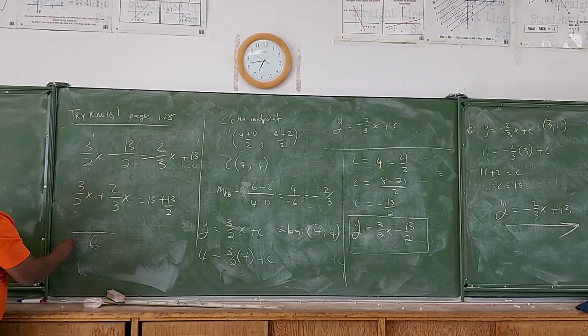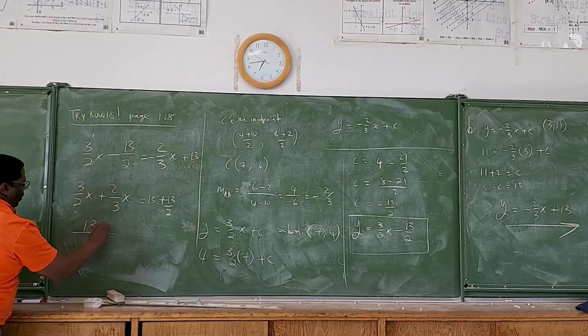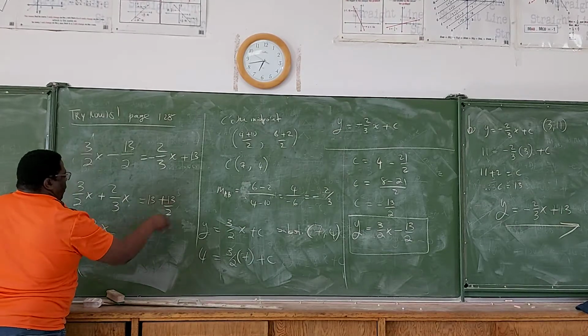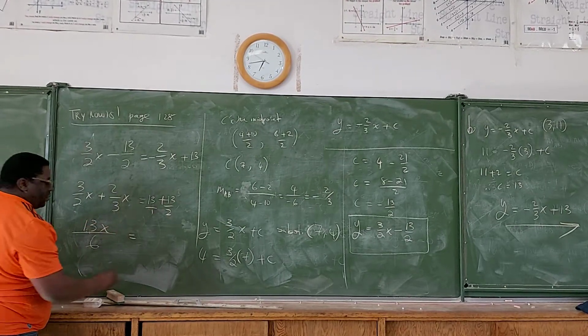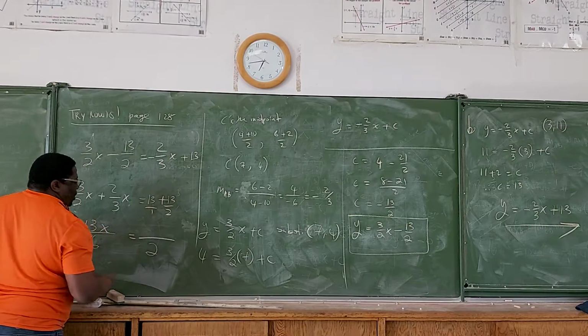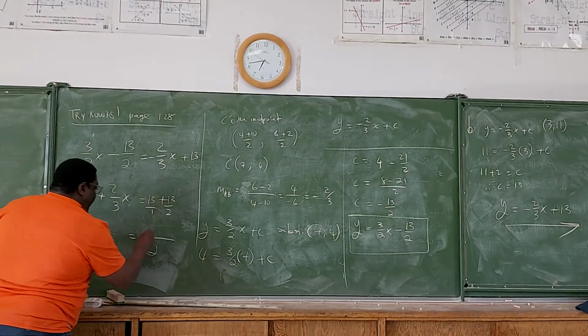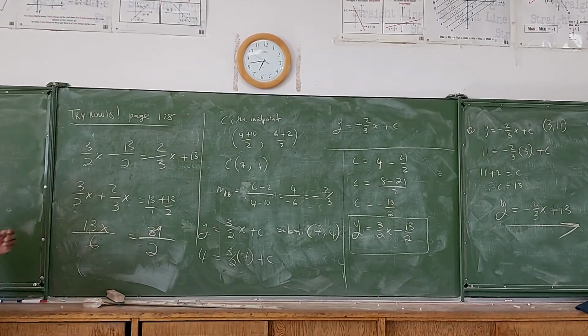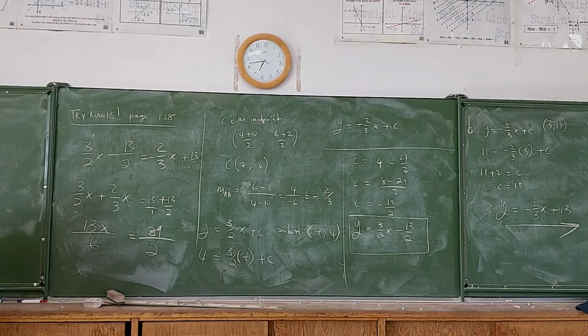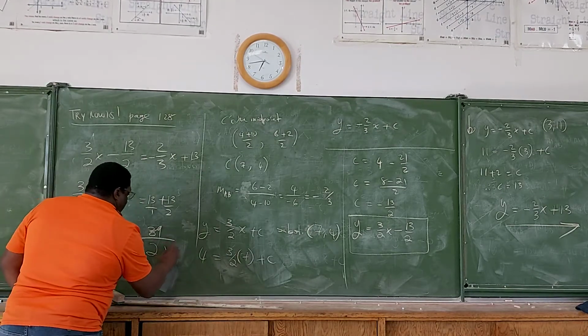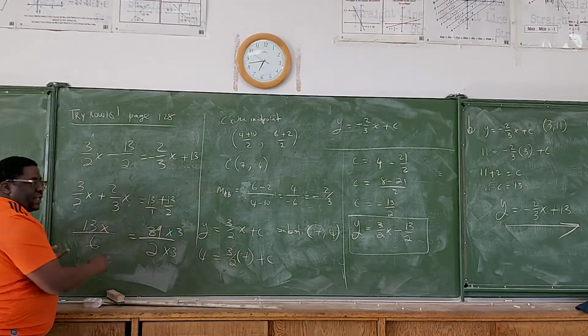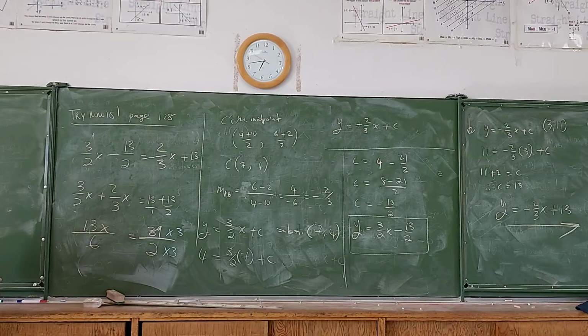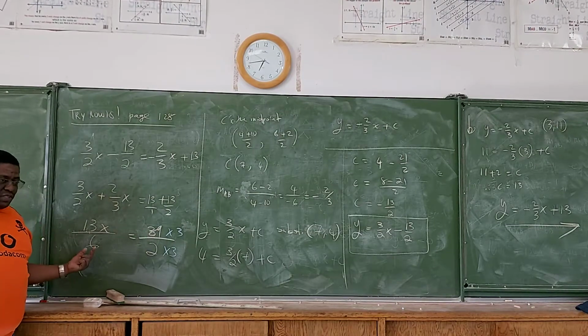That's 9 minus 4, 13x, equals 26 plus 13, which is 39, when you are finding the LCM. Now you can do cross multiplication. Or you can multiply here by 3 so that the LCM is 6 and then you drop them. Or you can do cross multiplication. It's totally up to you.